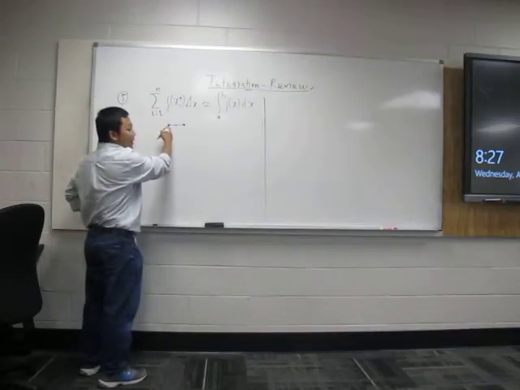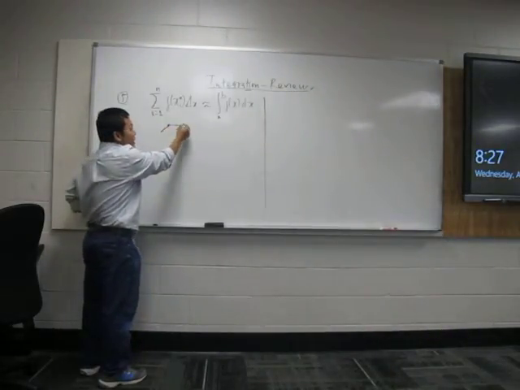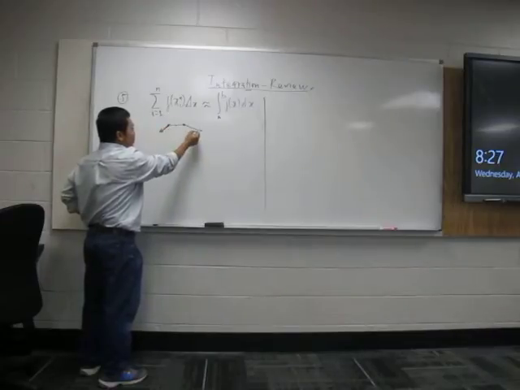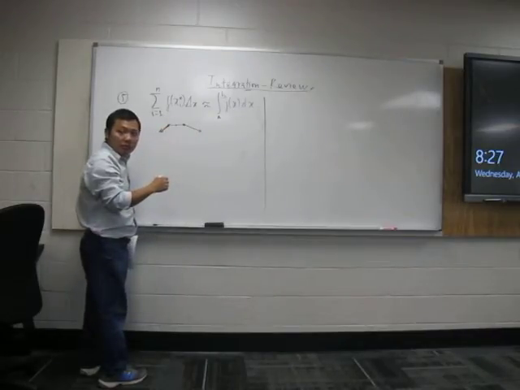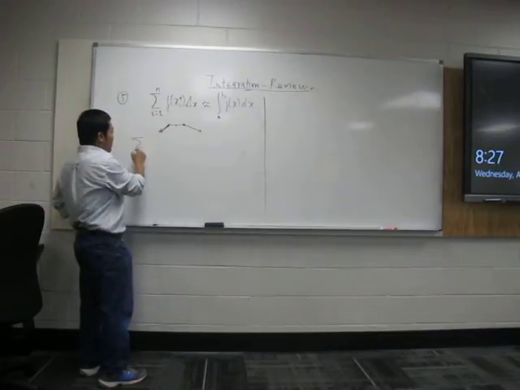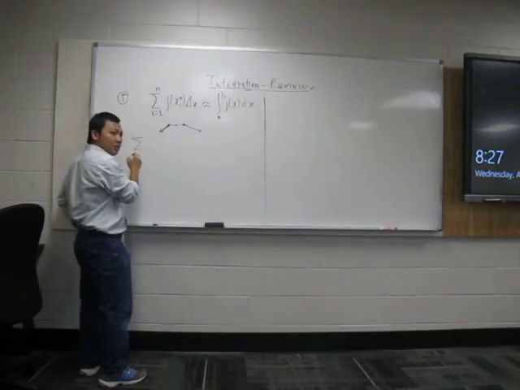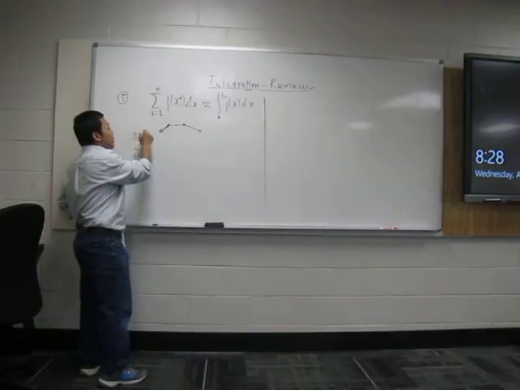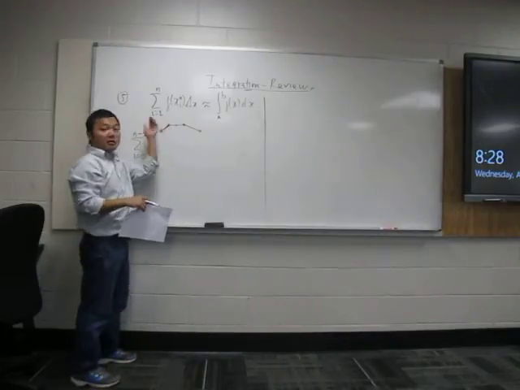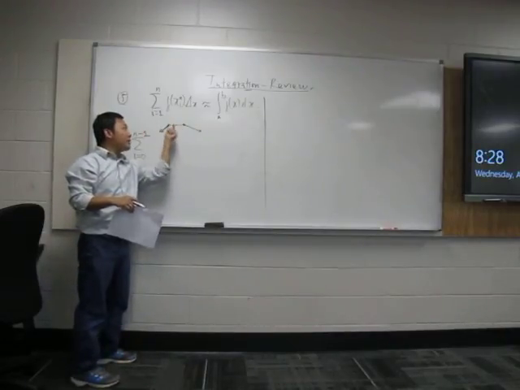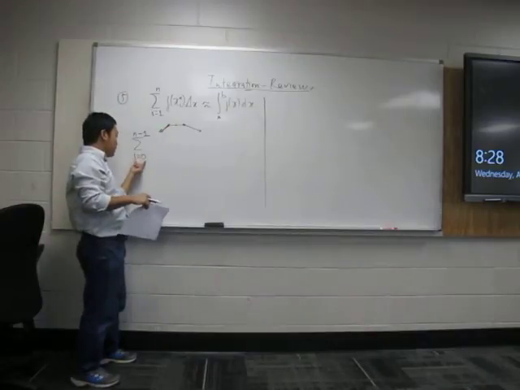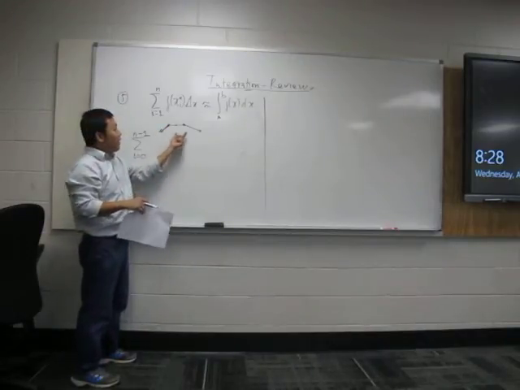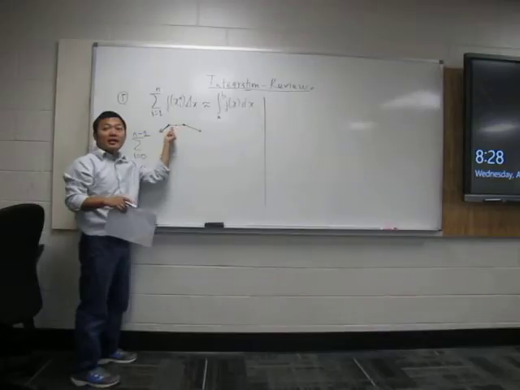What is the difference between the left endpoint and right endpoint approaches? If you use the left endpoint, your sum will start from 0 and go to n minus 1. In the first interval, you use x0, and in the last interval, you use x n minus 1.